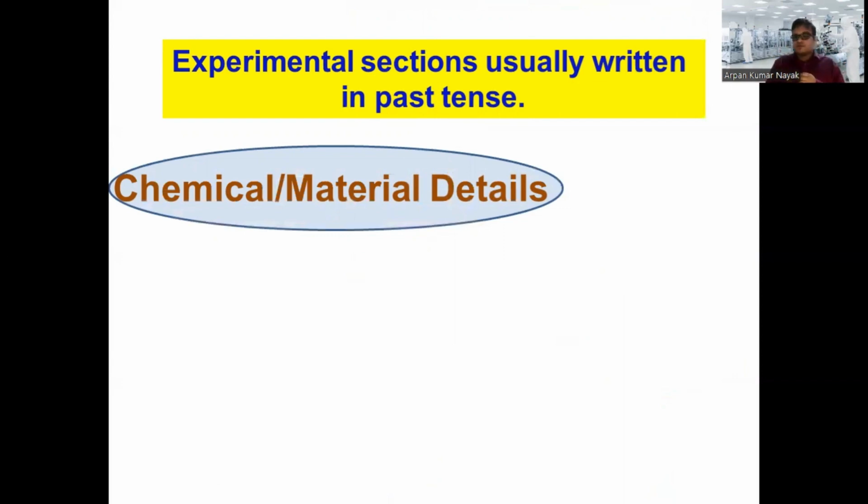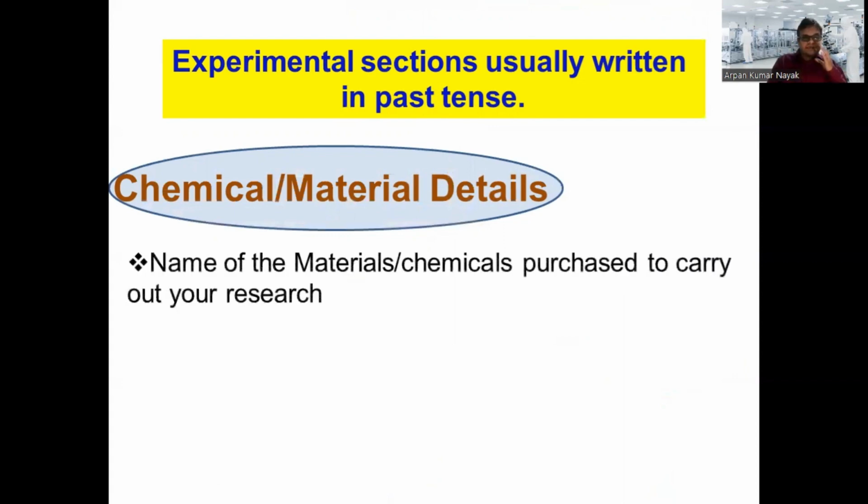So here we will give the name of the materials which you used. The name of the chemical, if you are in material science, chemistry, nanotechnology, or physics, and you use some materials or chemicals, then you have to give the complete information of that chemical or material.